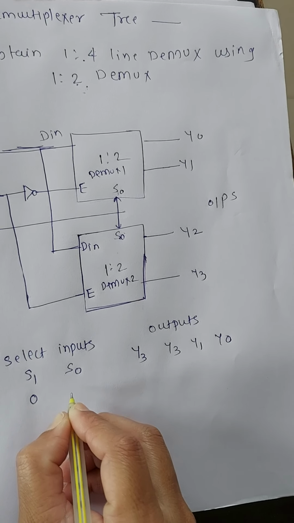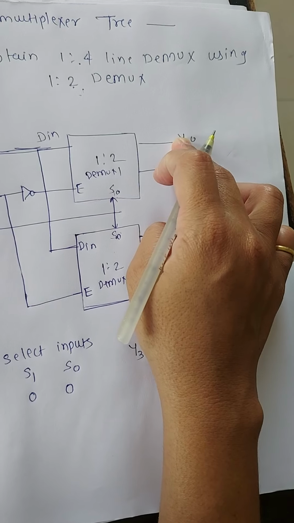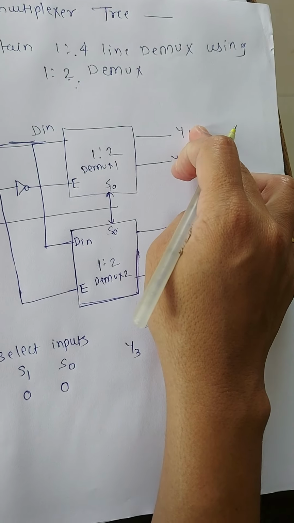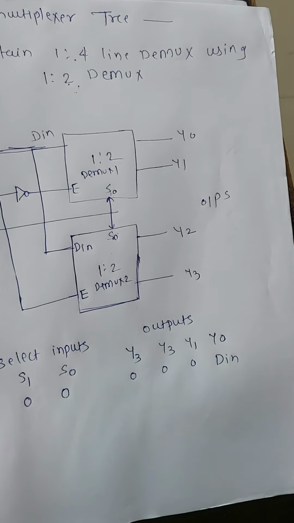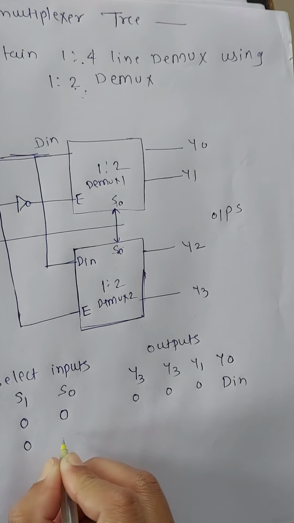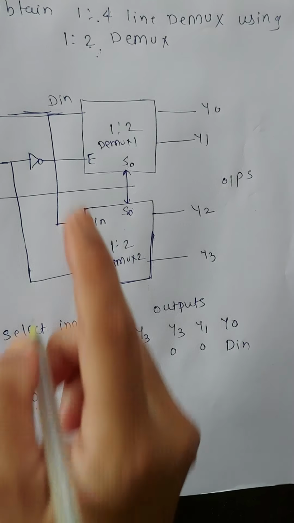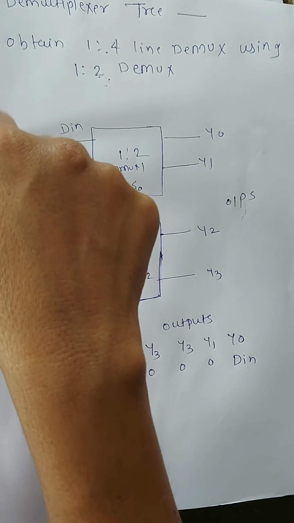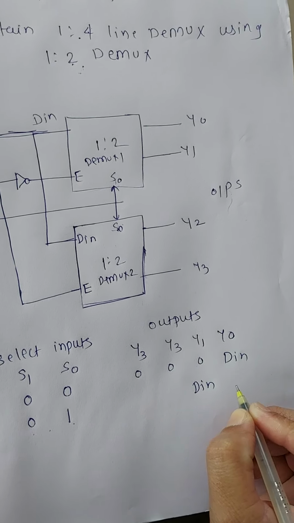When S1 and S0 are 0 0, the Y0 output is selected, and the D in data is routed to the Y0 output, and otherwise all outputs are 0. When S1 and S0 are 0 1, that means 1, so Y1 output is selected, and the D in data is distributed to Y1, so output is D in and otherwise 0.